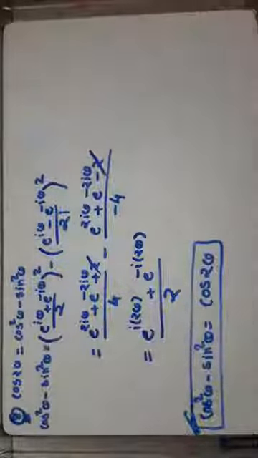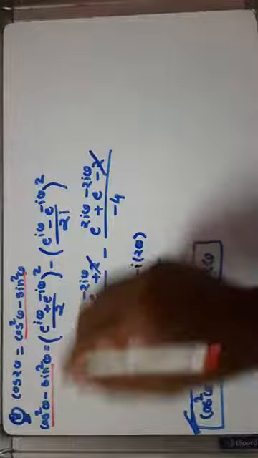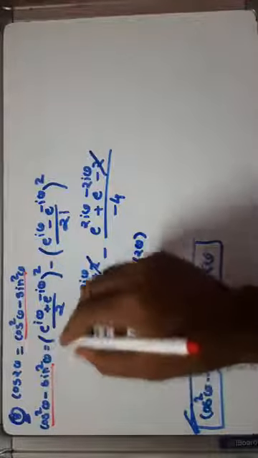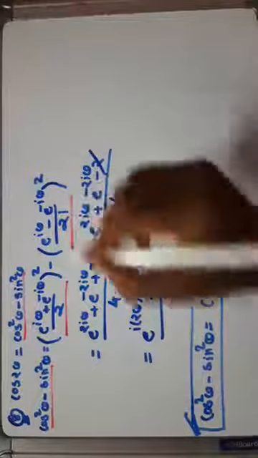Here we take the RHS of this property and we use the exponential forms of the trigonometric functions. Sin theta, cos theta means this one, sin theta means this one.